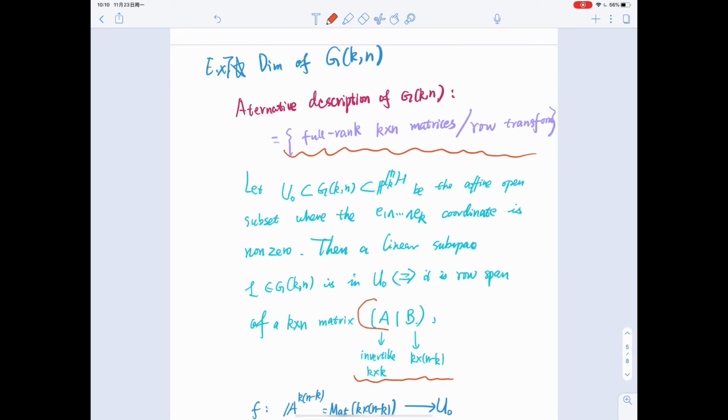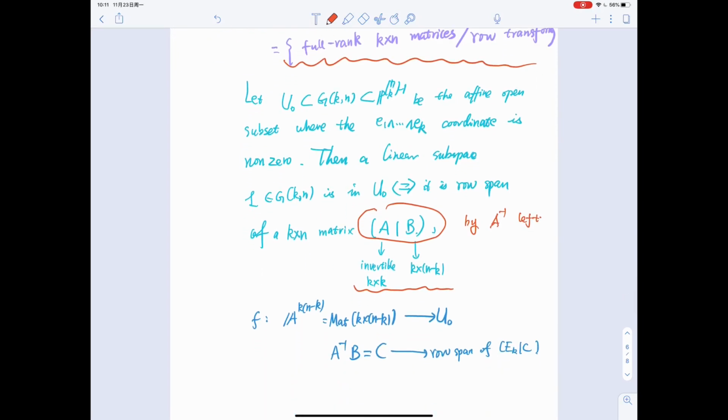Multiplying such a matrix by A inverse on the left does not change its row span, so we use that U0 is the image of this map. It sends A inverse B to the row span of (I_k | C), where I_k is the identity matrix.